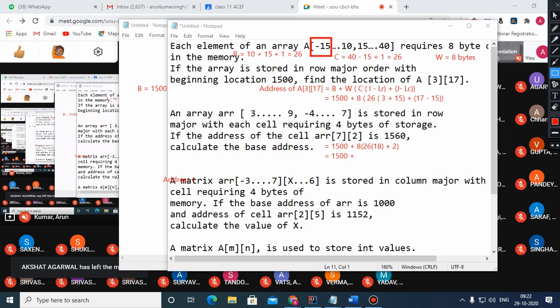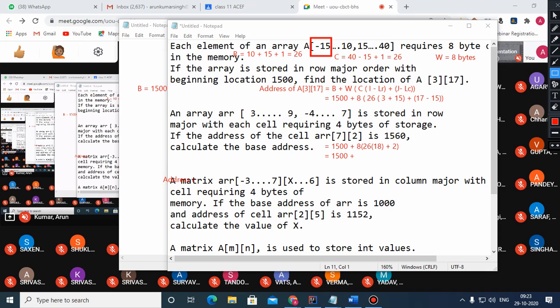Yes, any queries? Yes, beta. These are not the elements, actually these are the limits. This is a considered representation. Actually, there also addresses are involved.